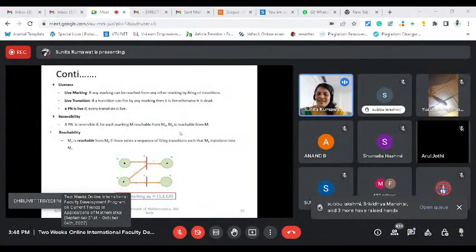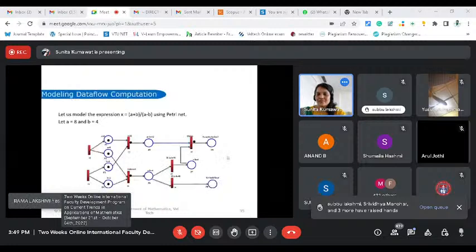Like M n is any stage after firing the transitions at the nth stage. Can we now reverse back to the initial marking? If the initial marking can be obtained again from the reachable marking M n, then the system is reversible. So here this is the concept.